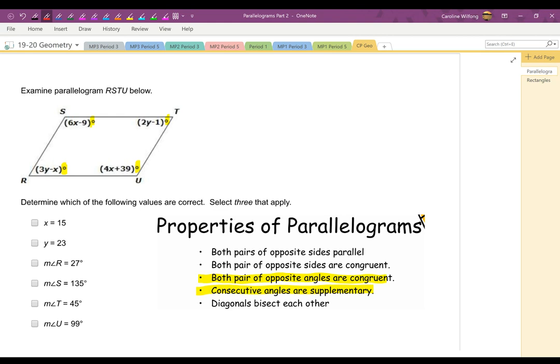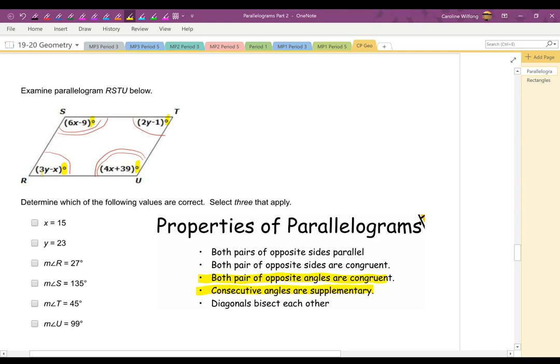are correct. All right, so if both pairs of opposite angles are congruent, then angle R is congruent to angle T, and angle U is congruent to angle S. So now I'm going to look at which pair I want to work with.